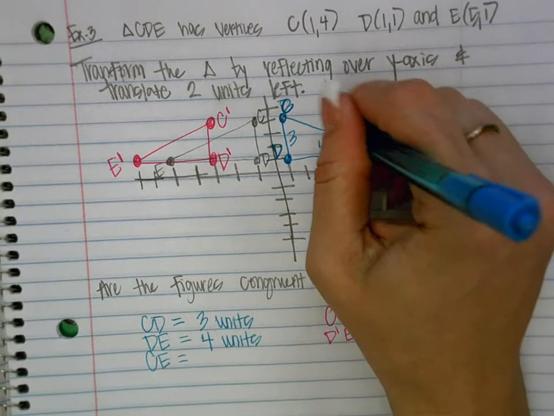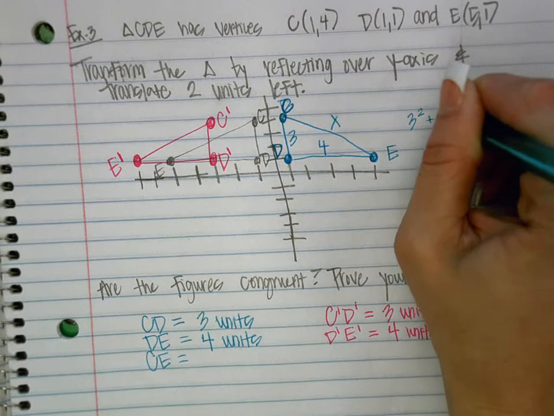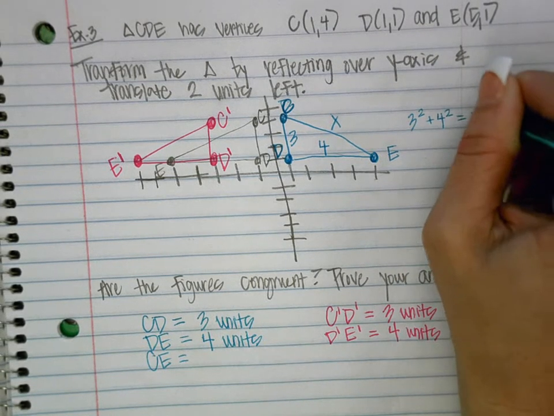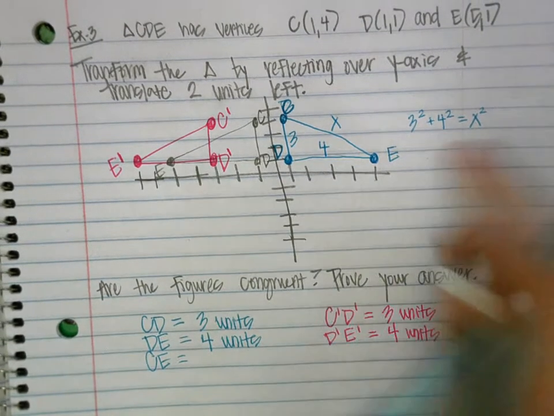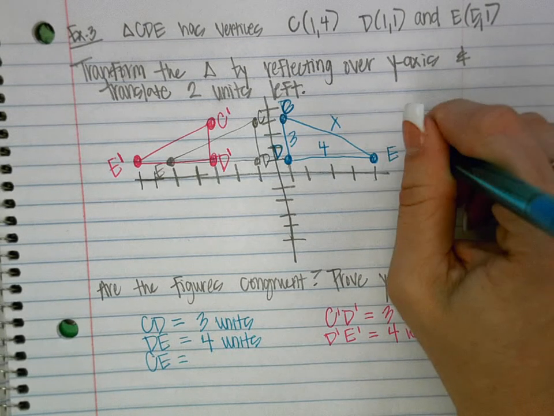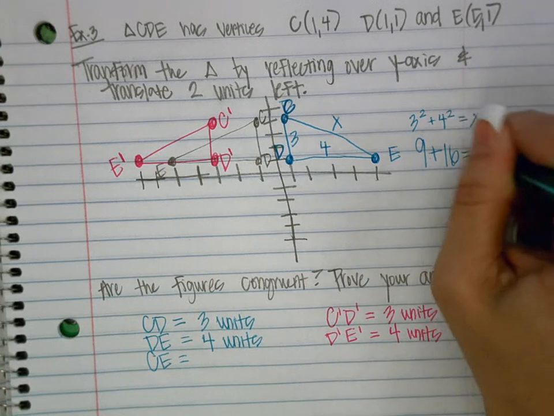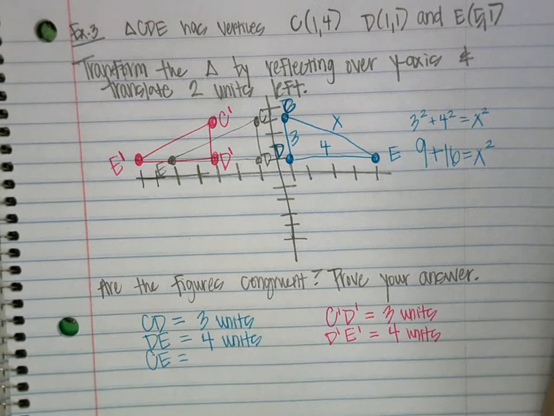So you can make an X there. 3 squared plus 4 squared equals X squared. What's 3 squared? 9. Plus what's 4 squared? 16. What's 9 plus 16? 25.